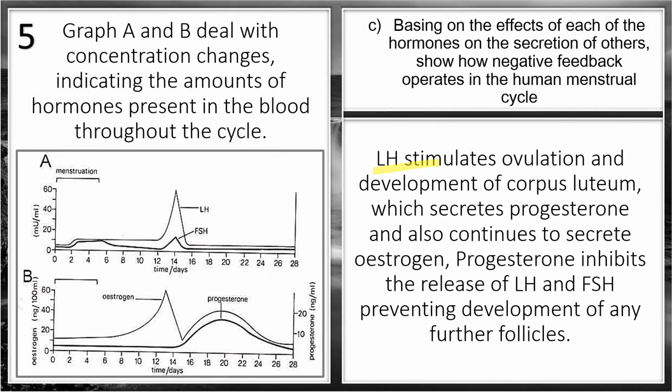Luteinizing hormone stimulates ovulation and the development of the corpus luteum, which secretes progesterone and also continues to secrete estrogen. Progesterone inhibits the release of luteinizing hormone and follicle-stimulating hormone, preventing the development of any further follicles.